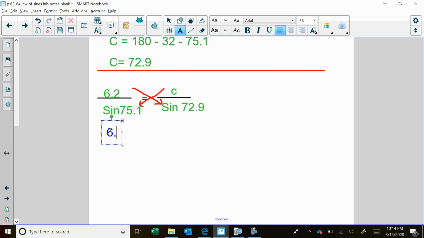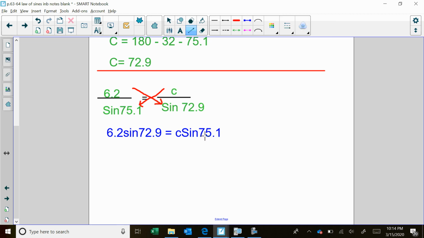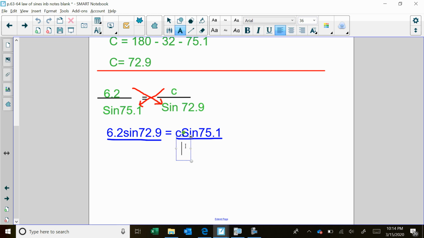All right, so we have 6.2 sine 72.9 equals little c sine 75.1. I probably should have put the little c up front. I'm hoping you're going to tell me that we now are supposed to divide by sine of 75.1.